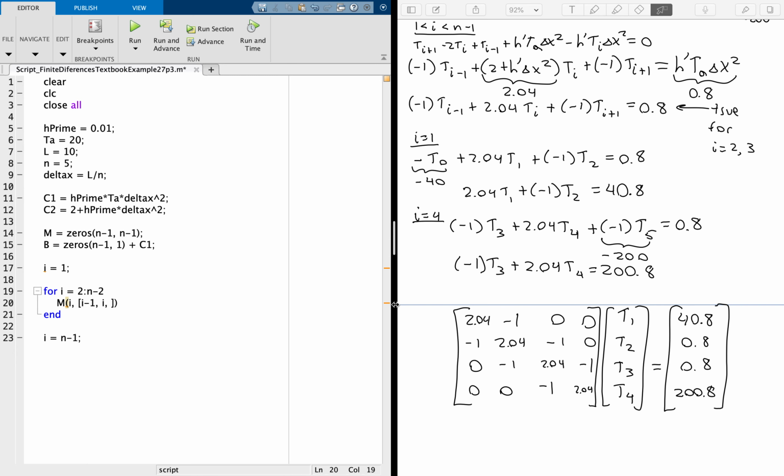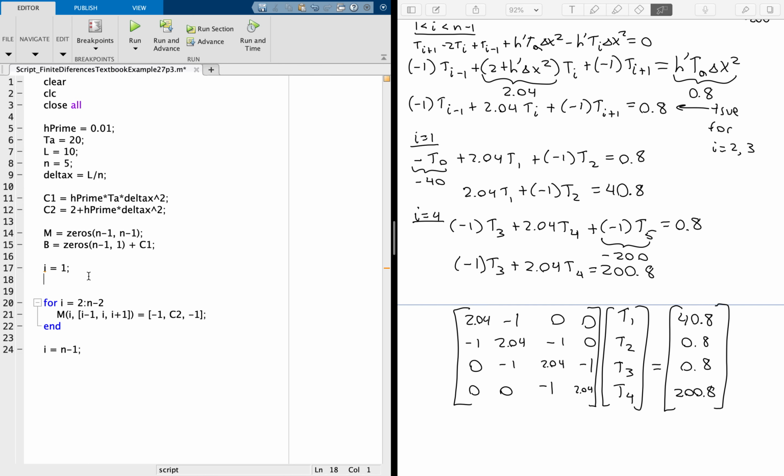That is position I, equals C2, and then minus 1 on either side. We don't need to set B because it's already going to have the value we want. So in fact, that should be it for the for loop.